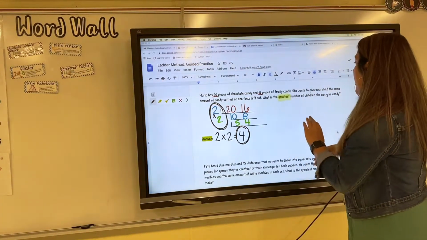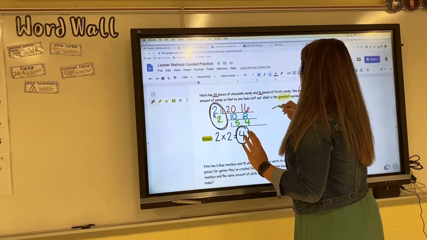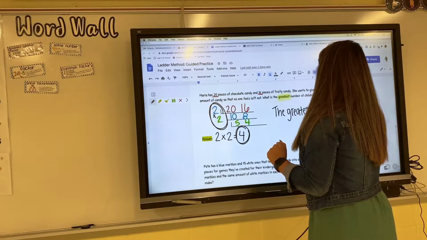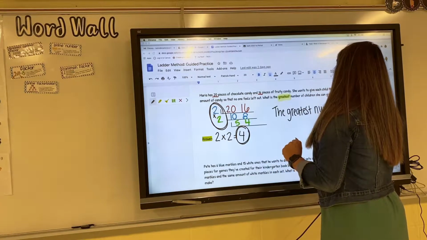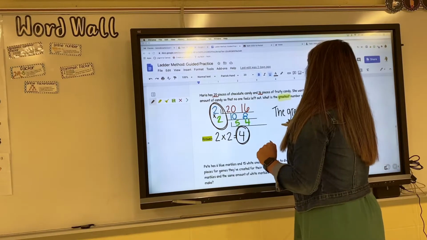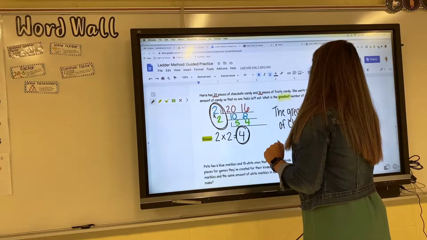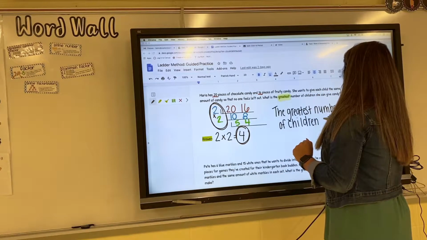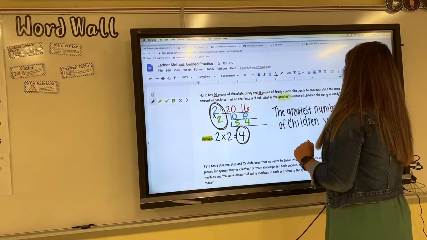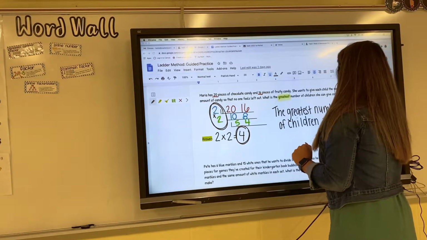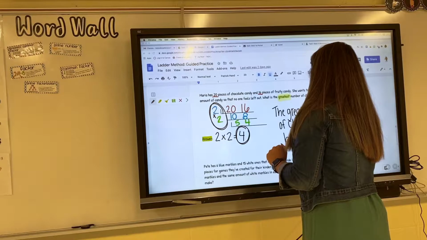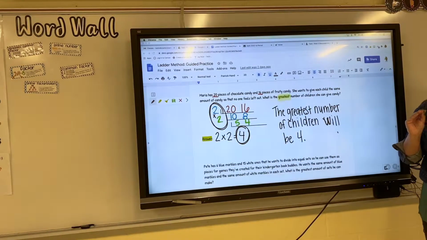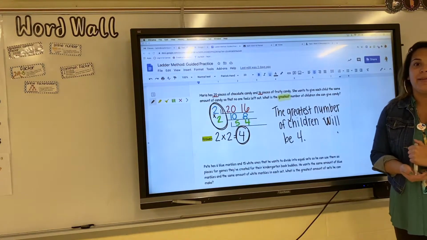So we can say, as our sentence, the greatest number of children will be 4. That's simple. You're just taking the question, wording it to become a sentence, and putting the answer in it. Okay?